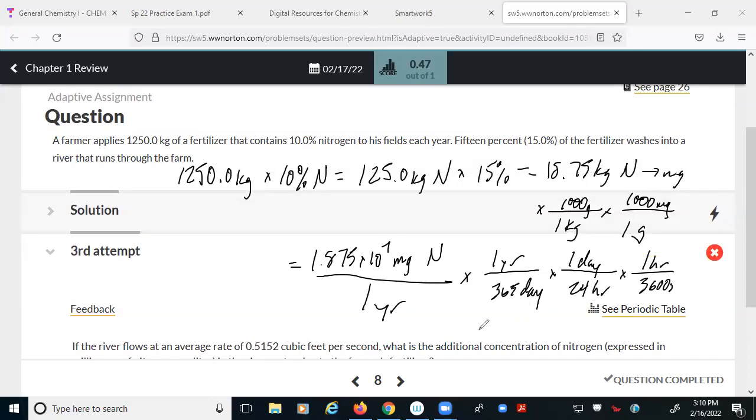So if we calculate that part out, dividing by 365, by 24, and by 3,600, that pares it down to a much more manageable number: 0.5946 milligrams of nitrogen every second.